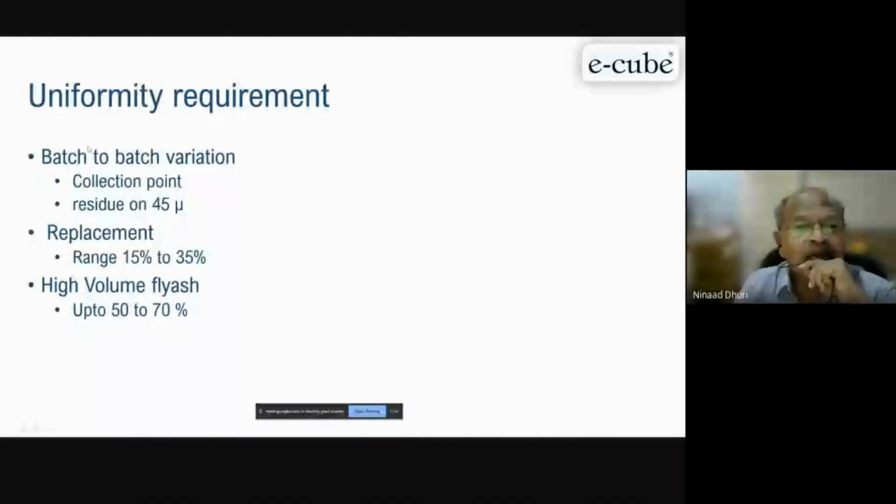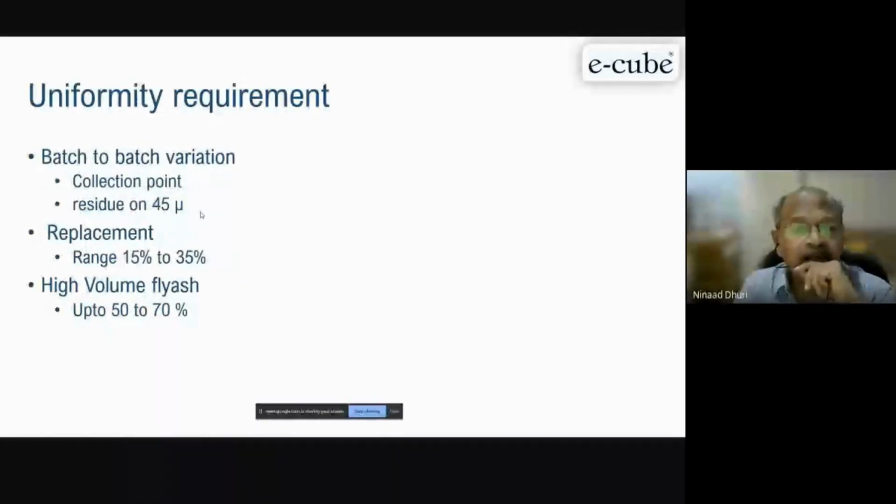But how you control that at the site, you can do wet sieving and find out what is the residue on your 45 micron. So whenever your fly ash comes, initially you have to test in third-party testing, do all the analysis, chemical and physical.